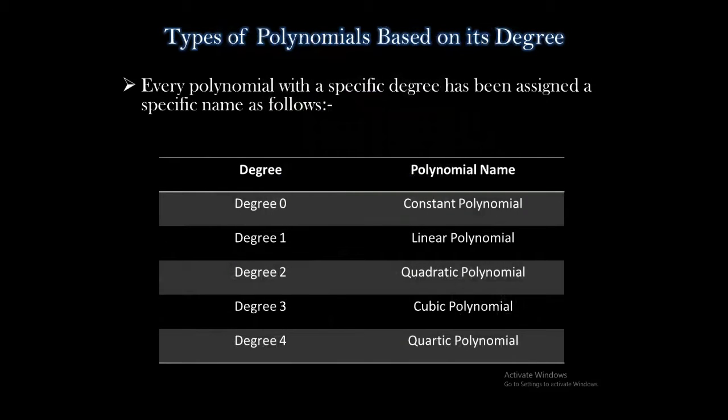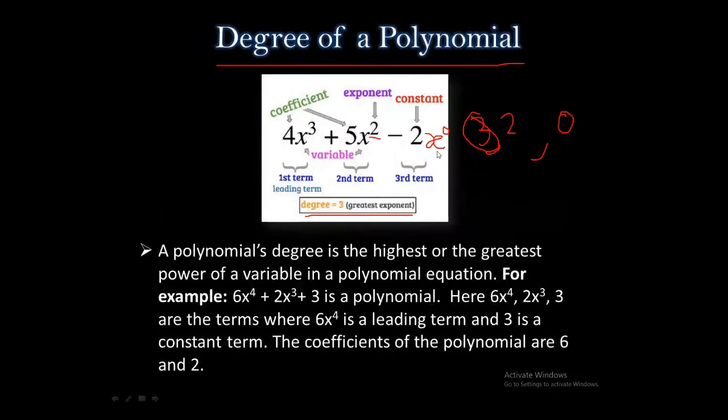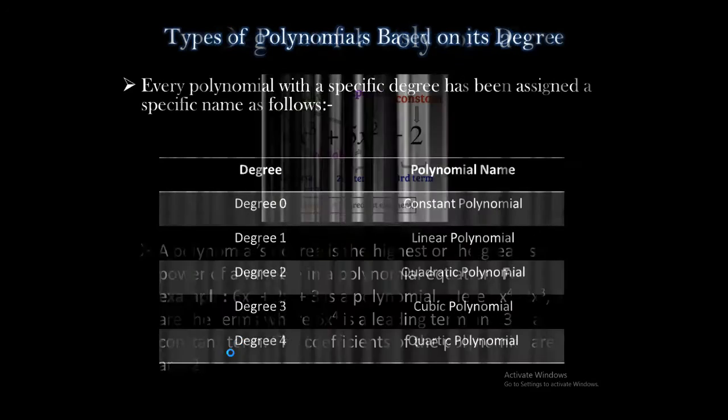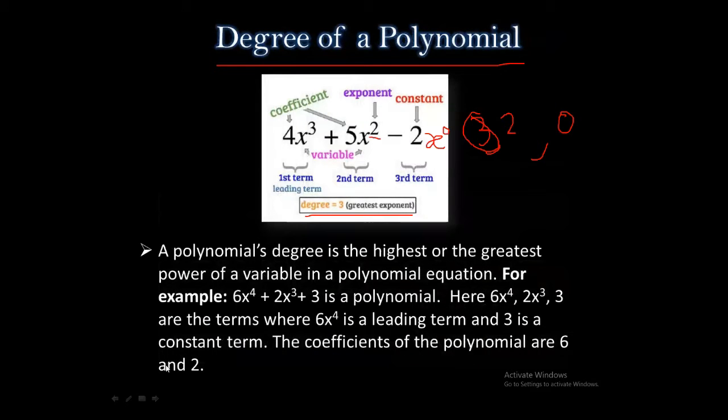Types of polynomial. So here are types of polynomial based on its degree. If we have 0 degree, it's called a constant polynomial, as I just said here. So this is actually a constant, as you can see.